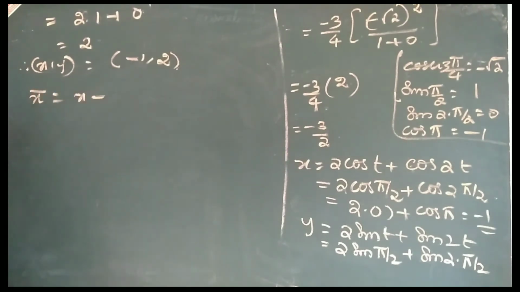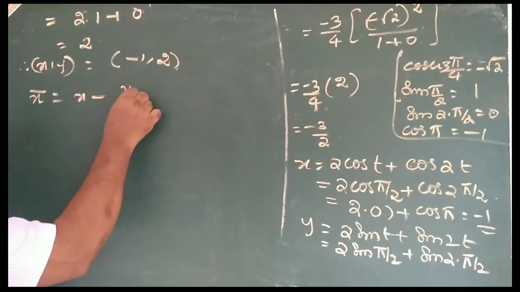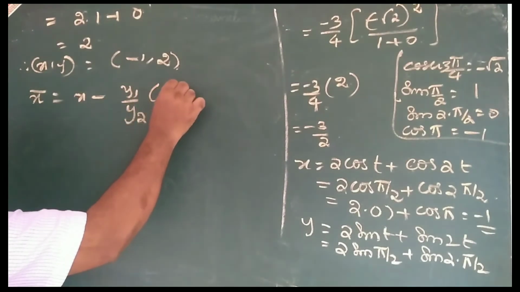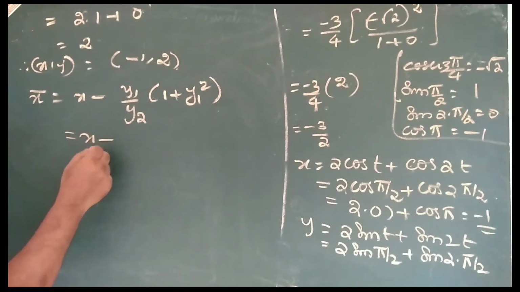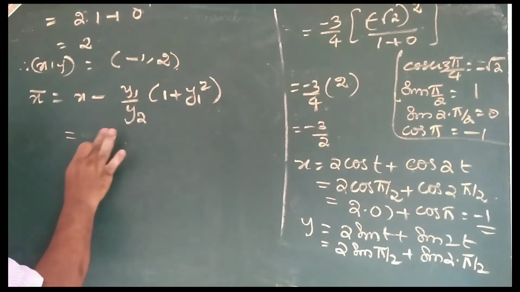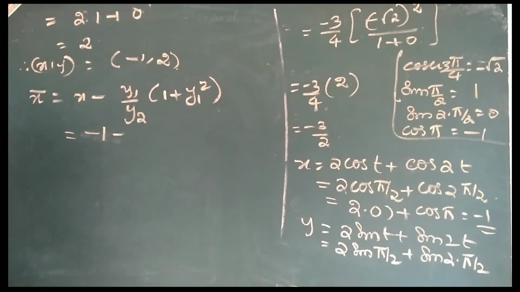Now x bar is equal to x minus y1 by y2 into 1 plus y1 square. So that is equal to x minus y1 value. So x is equal to minus 1 minus y1 value. What is the dy/dx value?